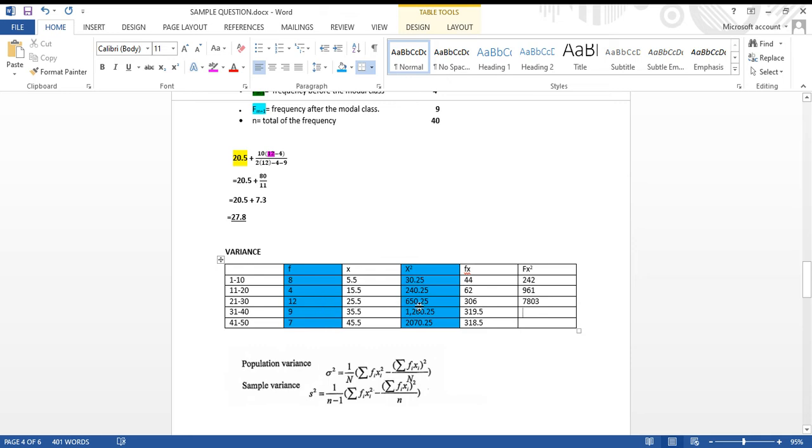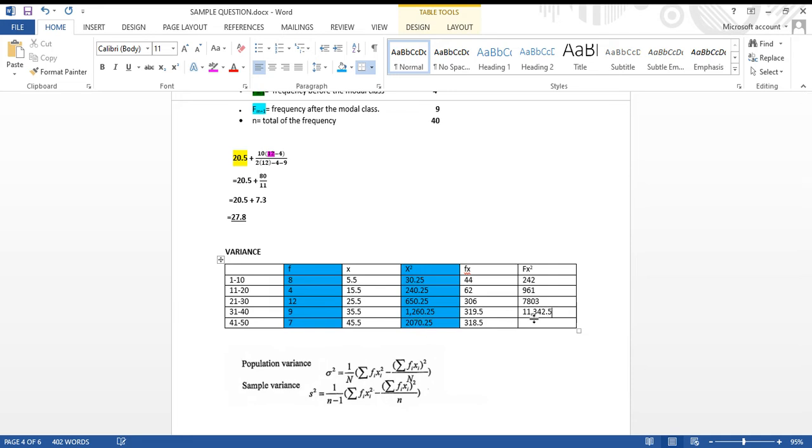9 times 1,260.25, multiplied by 9, we get 11,342.5.